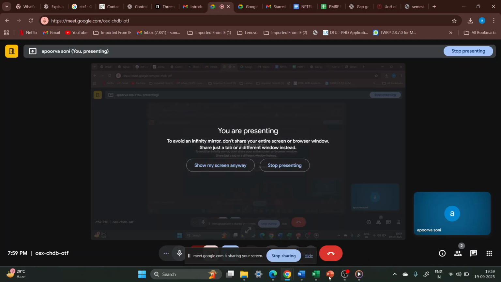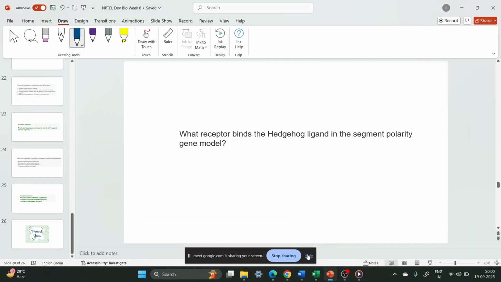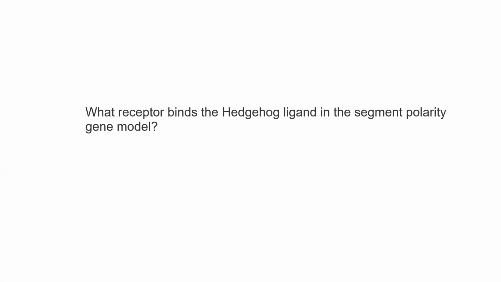The question is what receptor binds to hedgehog ligand in the segment polarity gene model?